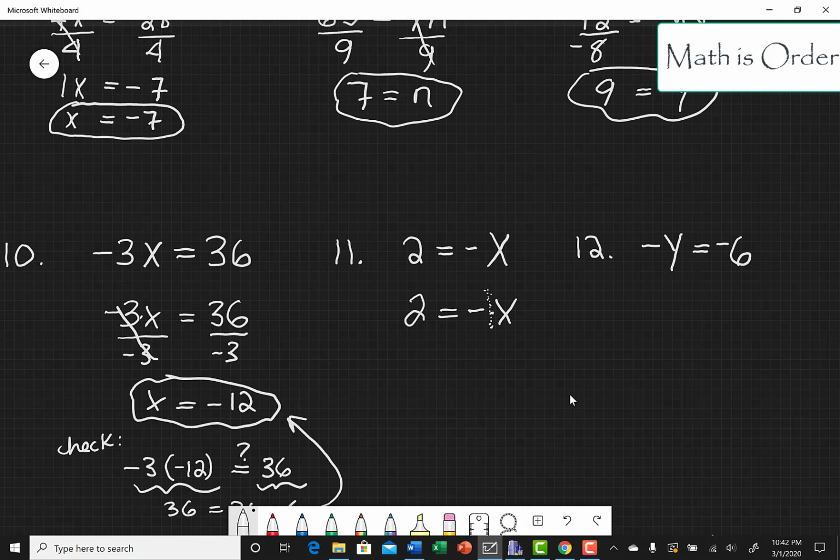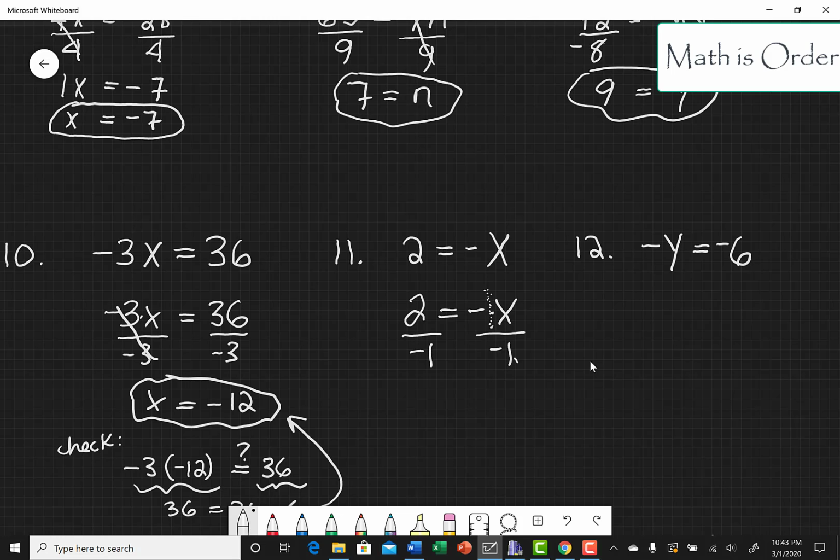And our goal is to make that negative 1 go away, because as it is now, x is not by itself. We have to remove this negative. So what is that negative doing to x? It's multiplying x. So we need to do the opposite, which is to divide both sides by negative 1.